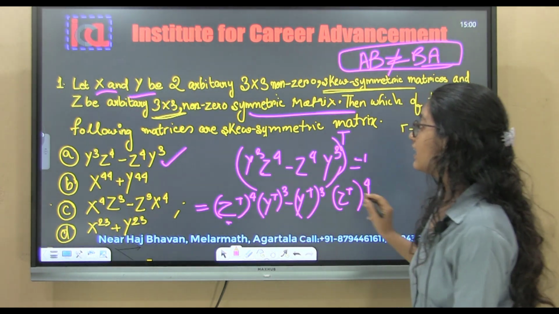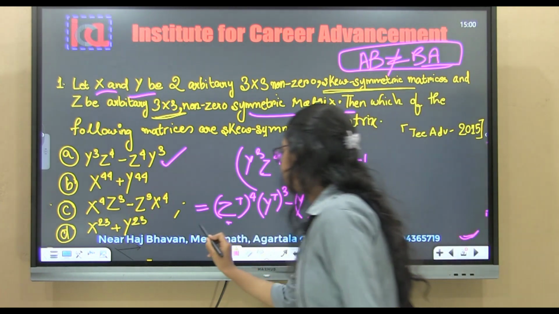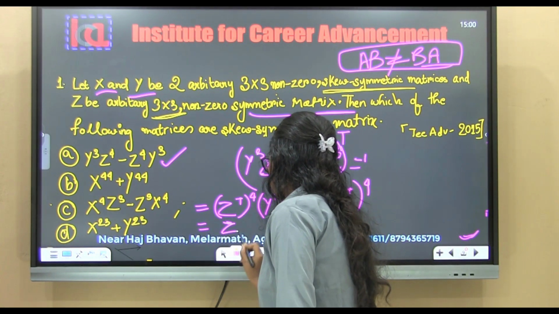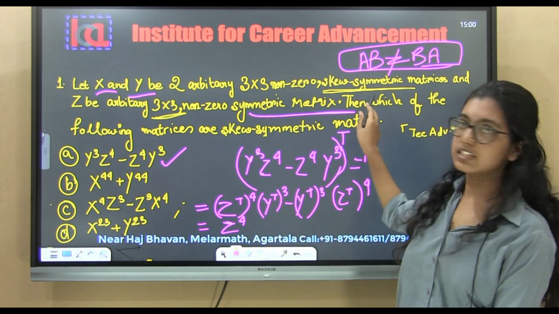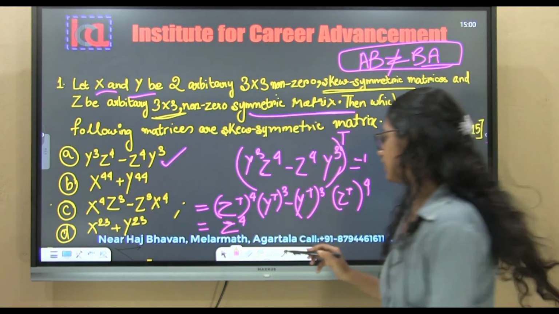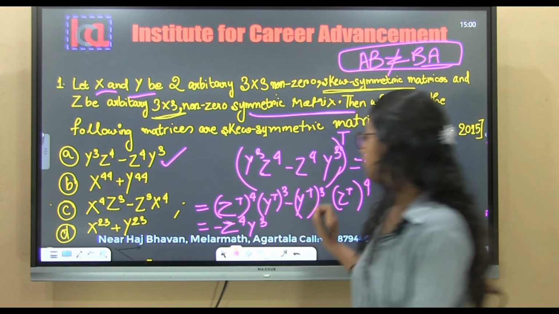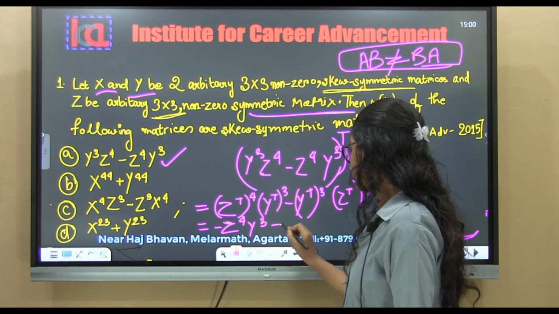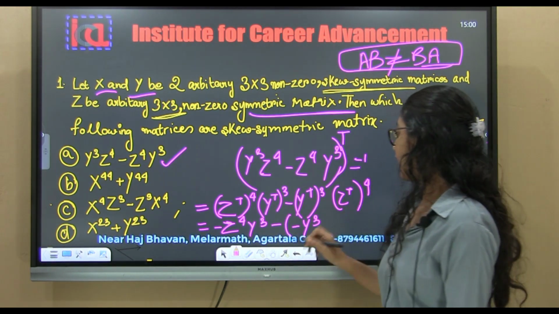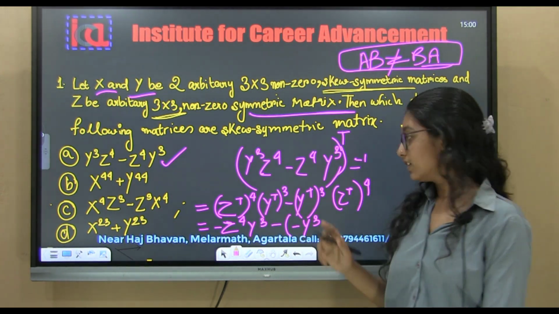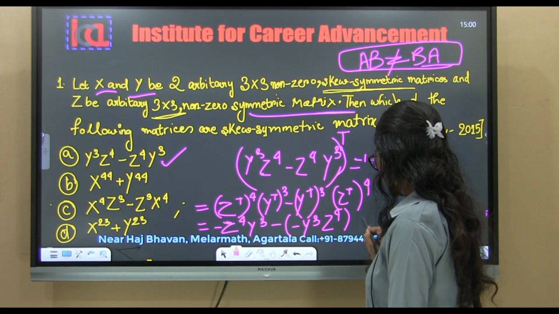Now as we said that Z is a symmetric matrix, so transpose of Z will be Z, we will write simply Z to the power 4. Okay. Now transpose of Y, a skew symmetric matrix, Y transpose equals minus Y. So minus Y cube, and Z transpose will be equal to Z. So therefore Z to the power 4.